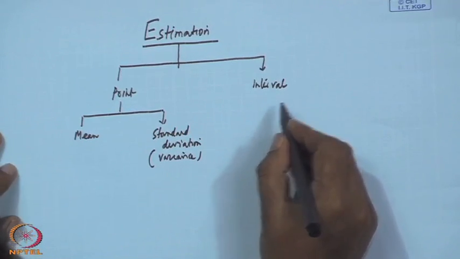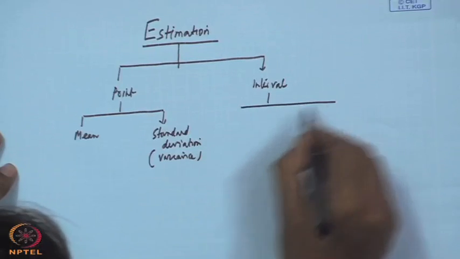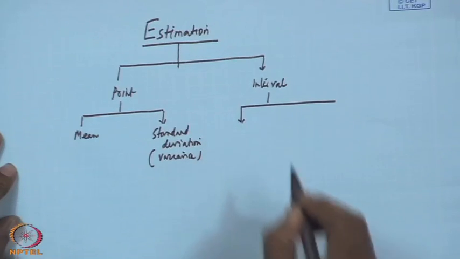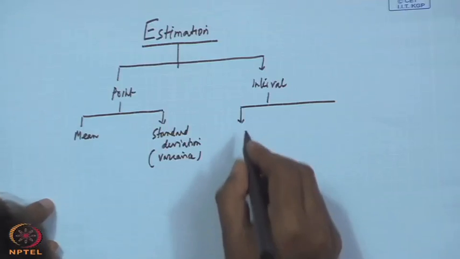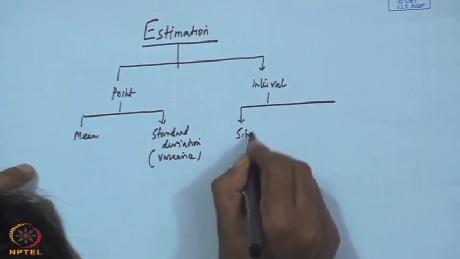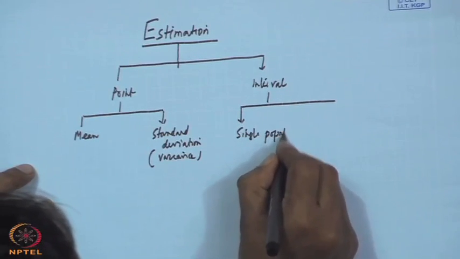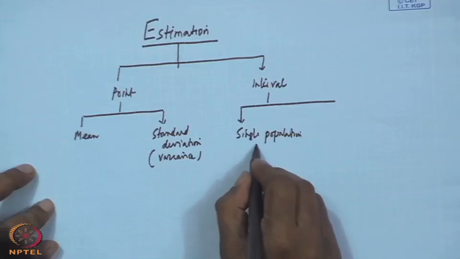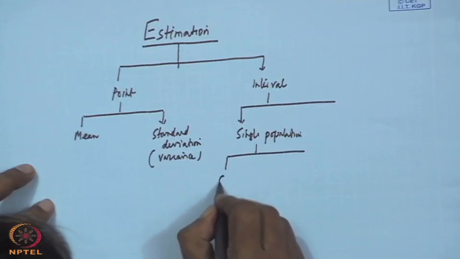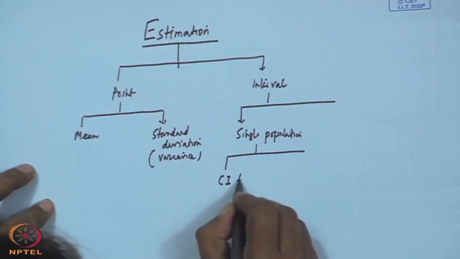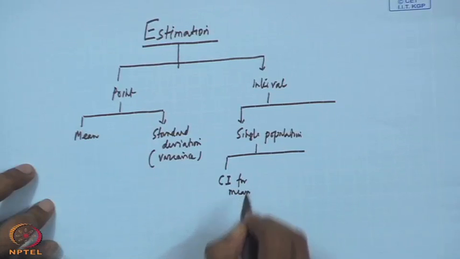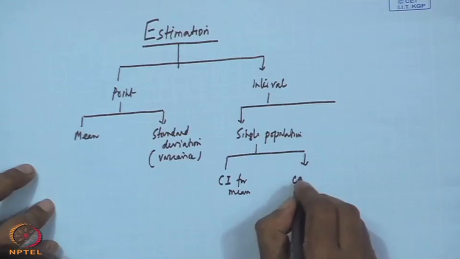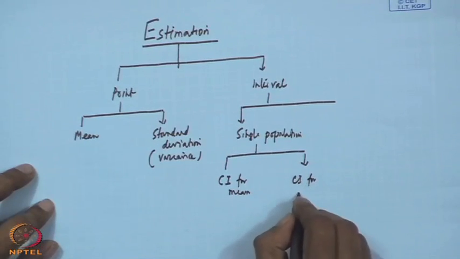And under interval estimation, here we will be discussing first for a single population, that is confidence interval for mean and confidence interval for variance.